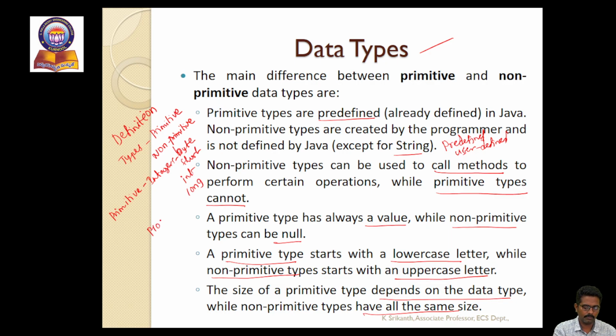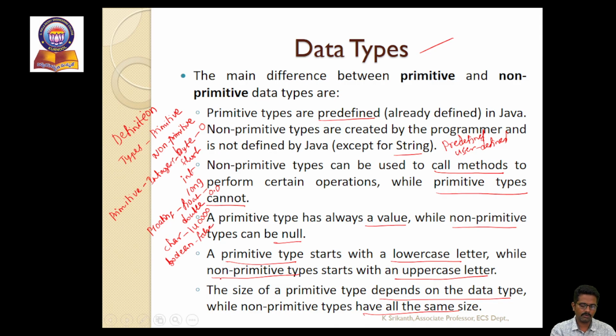Floating point data types are float and double. And we have the char data type and the boolean data type. We also came to know the default values: for integers it is 0, for floating point it is 0.0, for char it is \u0000, and for boolean it is false.